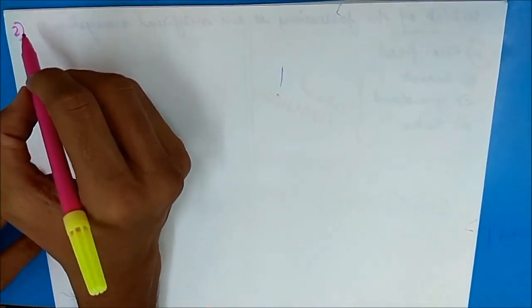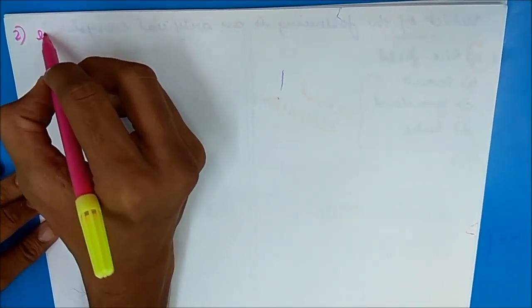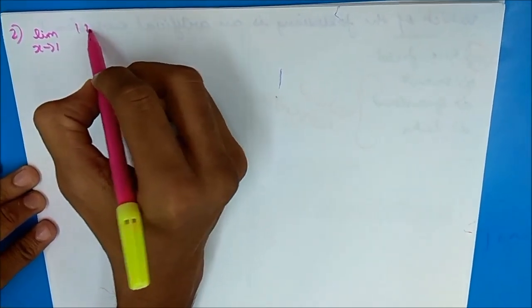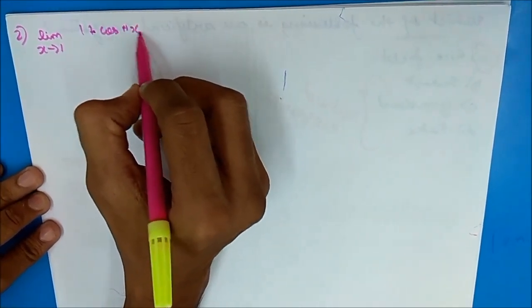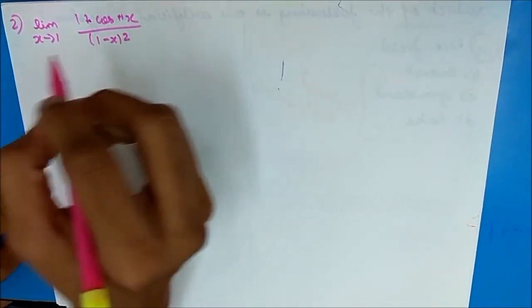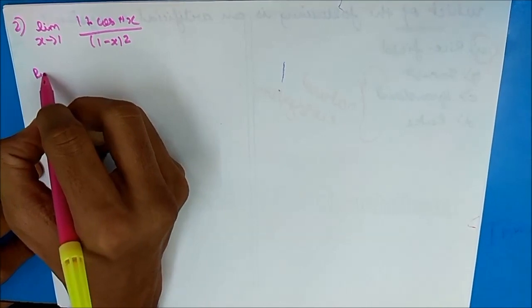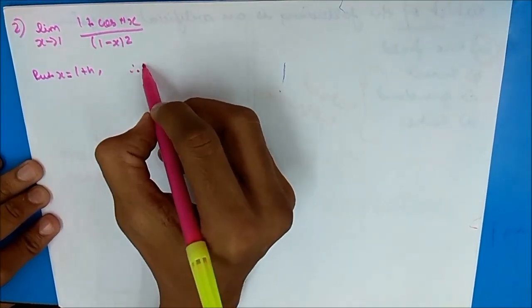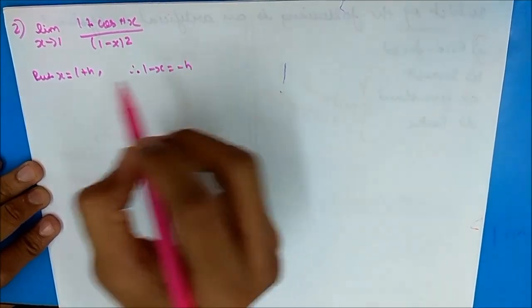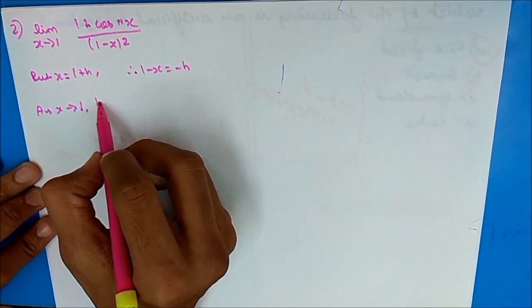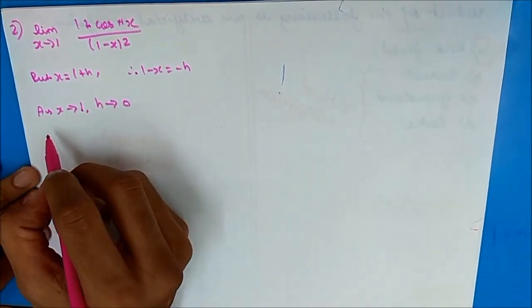Another example, here the limit is x tends to 1 of 1 plus cos pi x upon 1 minus x square. Now put x is equal to 1 plus h, therefore 1 minus x is equal to minus h. As x tends to 1, h will tend to 0.